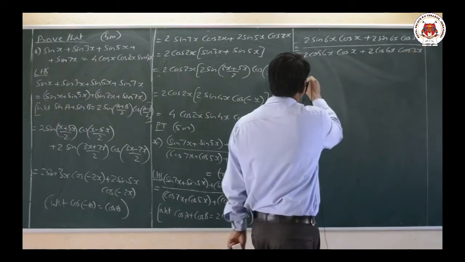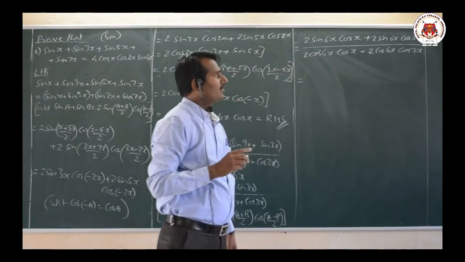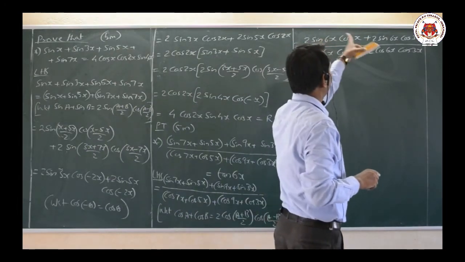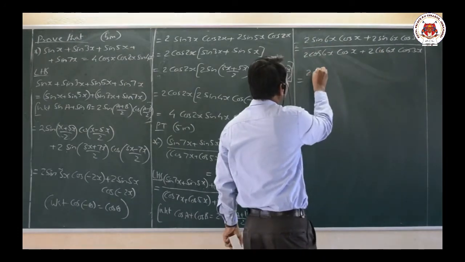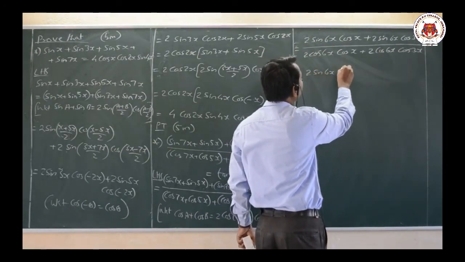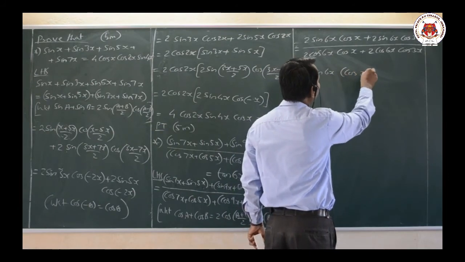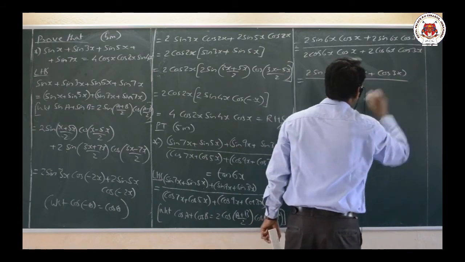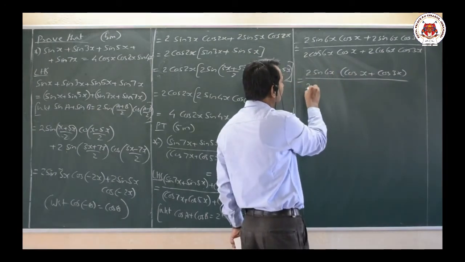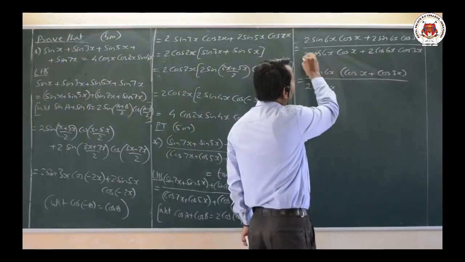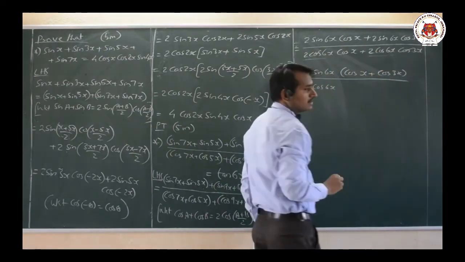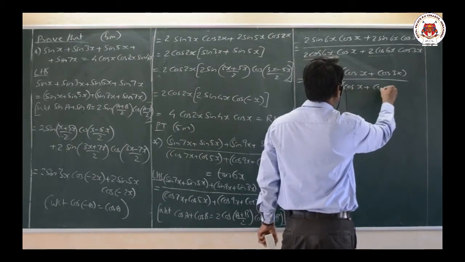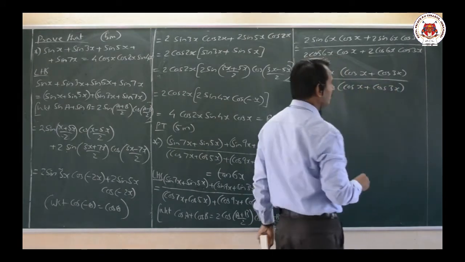Now, what can I take common here? In the numerator part, I take 2 sin 6x common. What is the remaining part? Cos x plus cos 3x, whole divided by, in the denominator if I take 2 cos 6x common, what remains is cos x plus cos 3x.